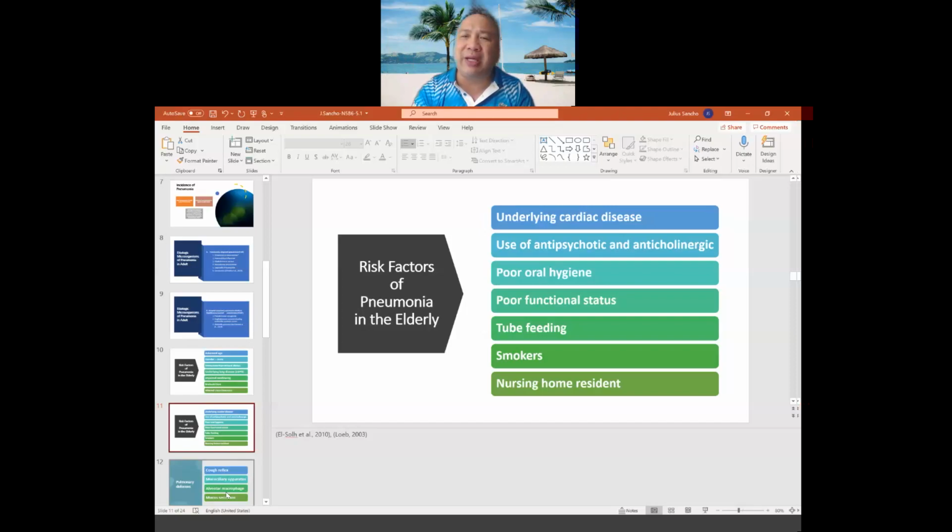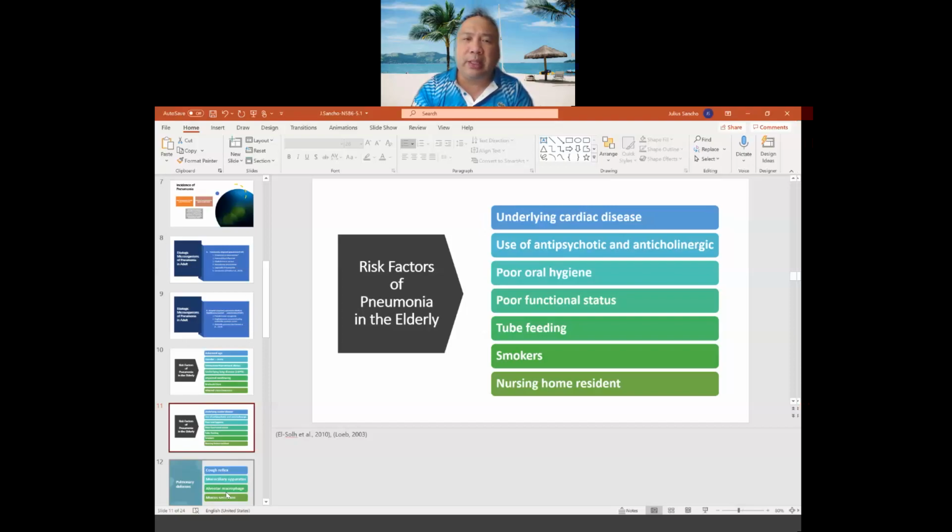But sometimes they forget to put the head of bed up, which could cause aspiration, and this could lead to aspiration pneumonia. So, guys, please remind your CNAs not to forget to prop up the head of bed after doing care.